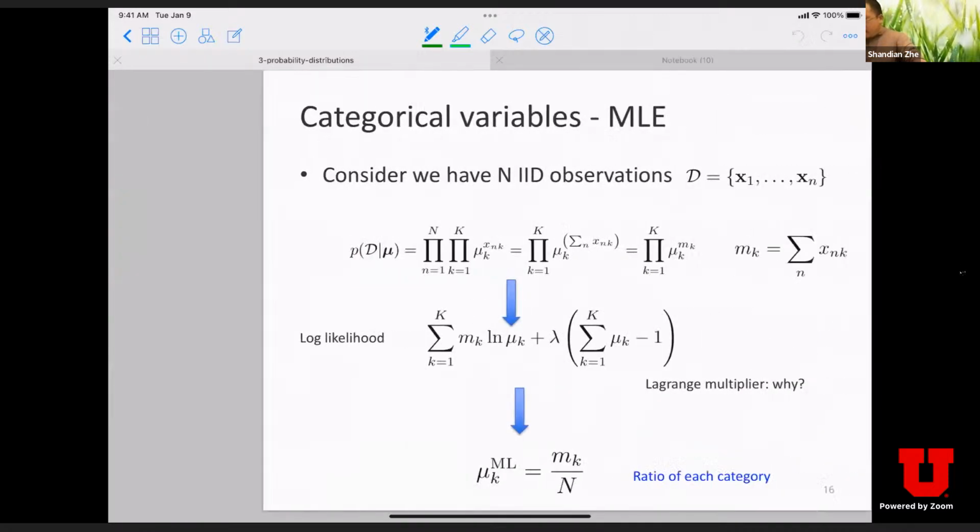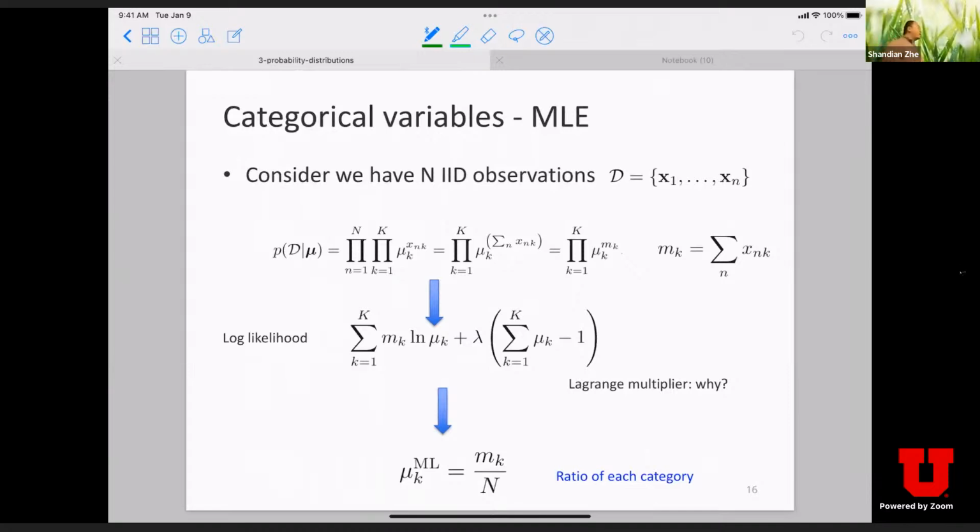Okay. So now let us consider, given the data, how do we estimate this probability vector mu? Suppose we have n IID observations x1 to xn. Remember, each xn is a one-hot encoding.